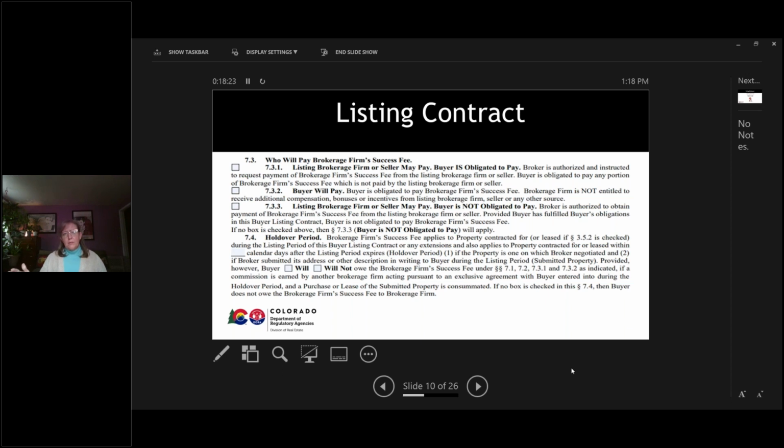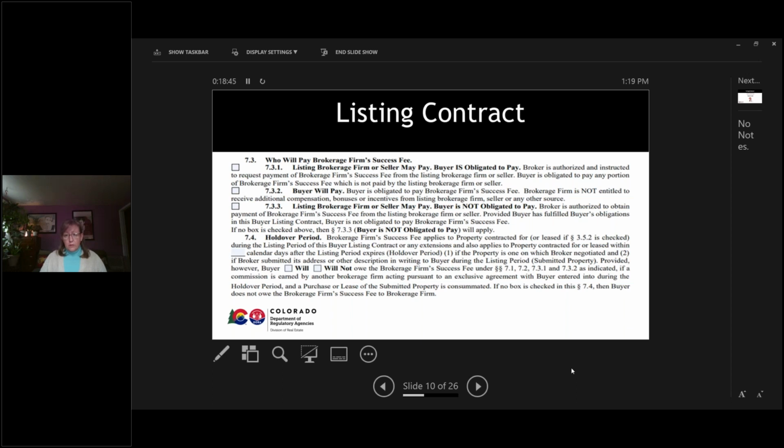If that person comes back 15 days after, during the holdover period, and the broker has given me this list in writing of potential buyers that came in when the property was listed for sale, and they're on the list that the broker has given me, then the broker is entitled to a commission.